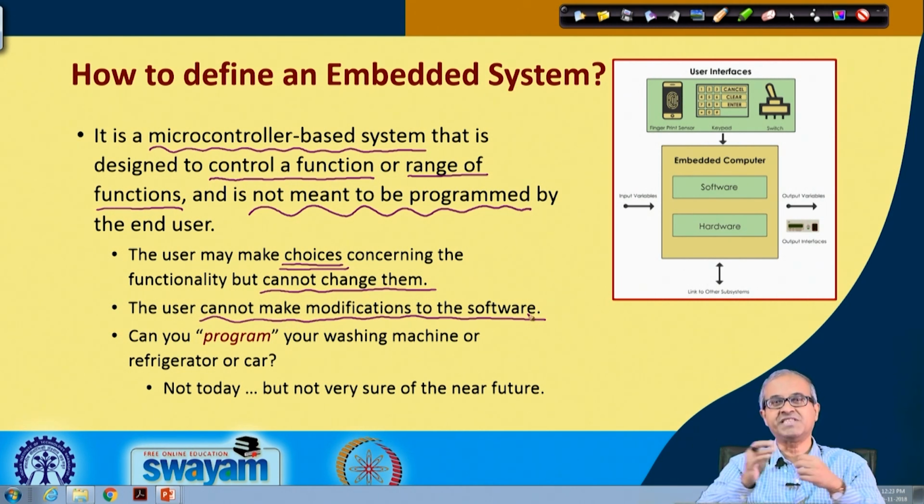Think of a set top box that you use with your TV sets. Set top boxes are also embedded systems, with quite powerful processors inside them. Sometimes you may have noticed that while watching some programs or when you are switching it on, it says downloading updates.